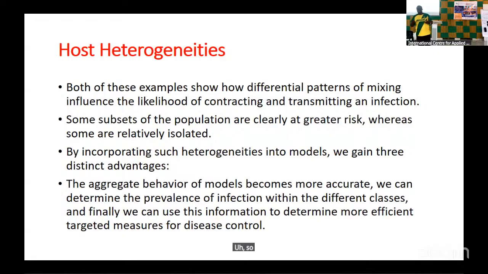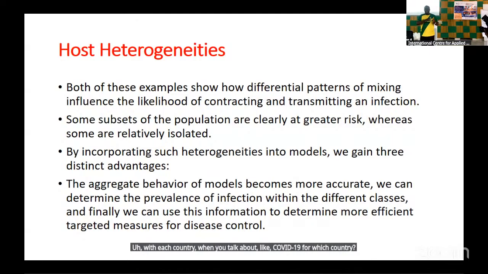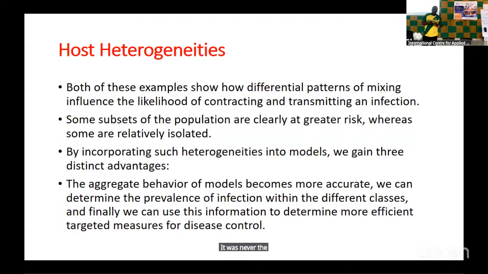And then you find out that for each country, it was never the same thing in terms of the pyramids of population.